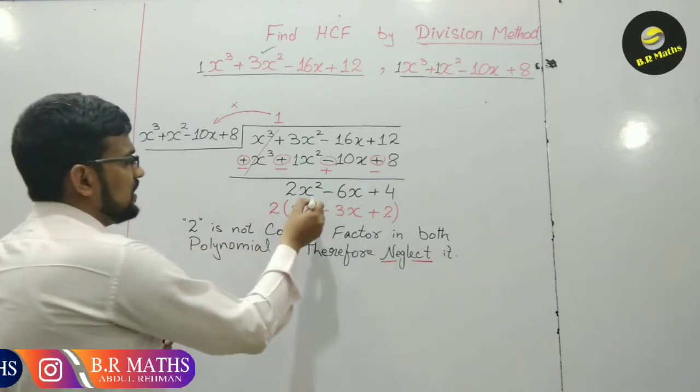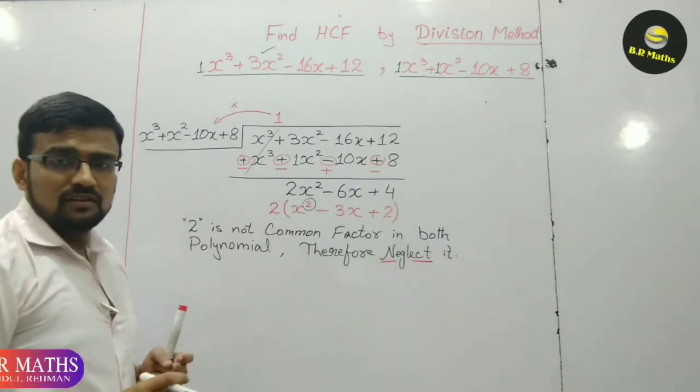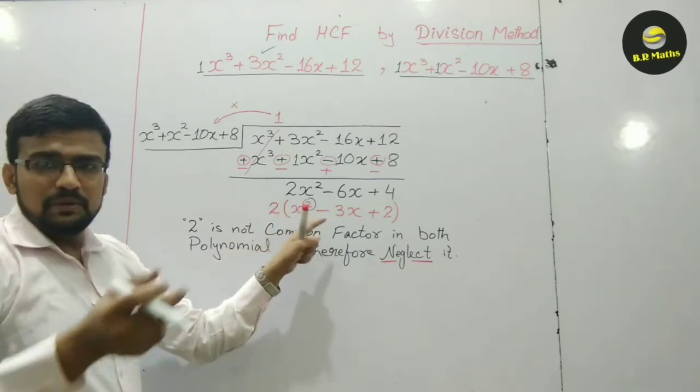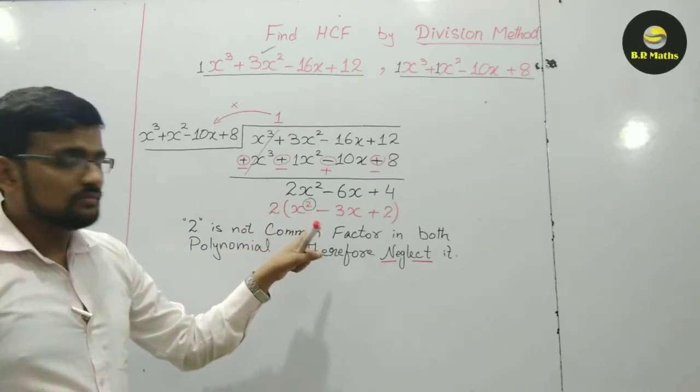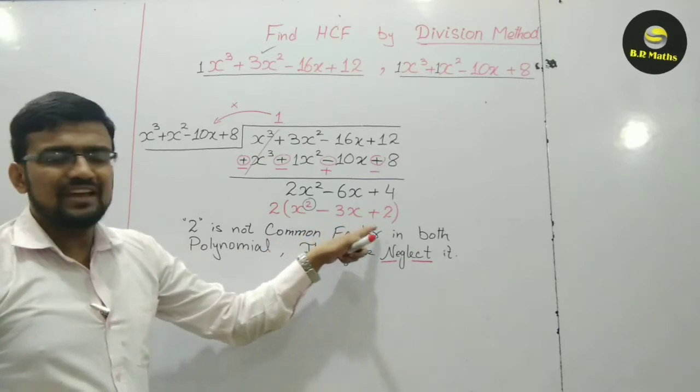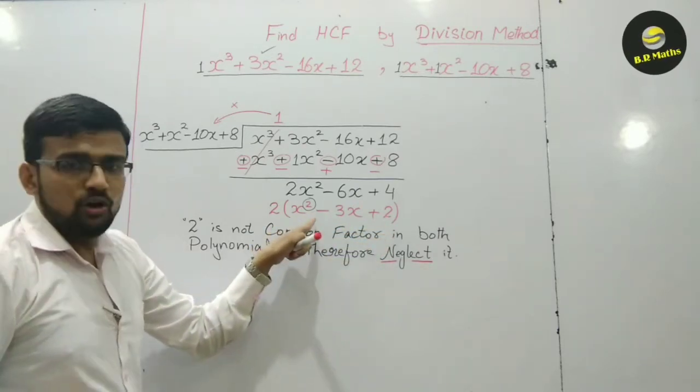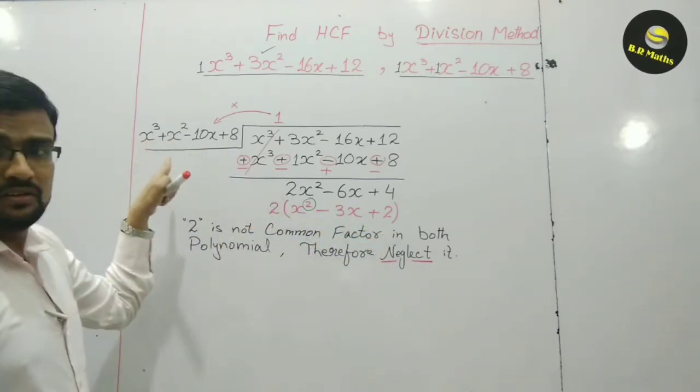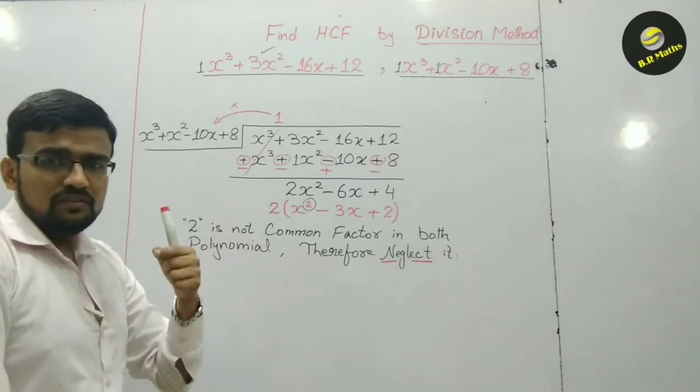So in this one, x square, this polynomial becomes smaller. Now x square minus 3x plus 2 is smaller as compared to this one. So switch this one.